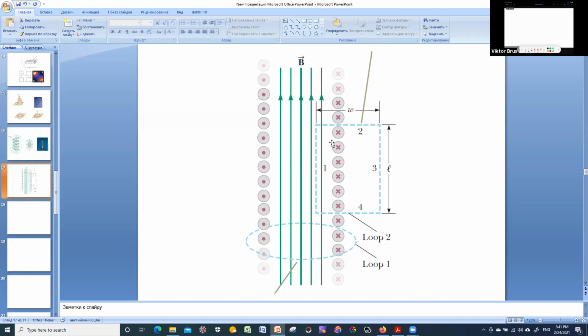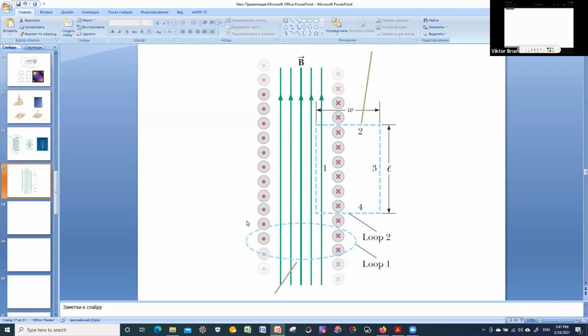We can consider here two Ampere's closed loops, and if we consider loop 1, it is possible to show that the magnetic field outside the solenoid in the exterior region is quite weak, because for this case we have only the current I, which flows through this wire that forms the solenoid.